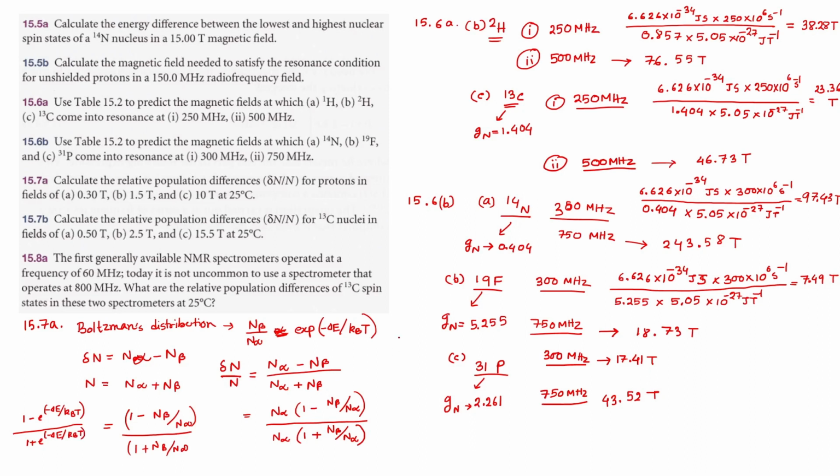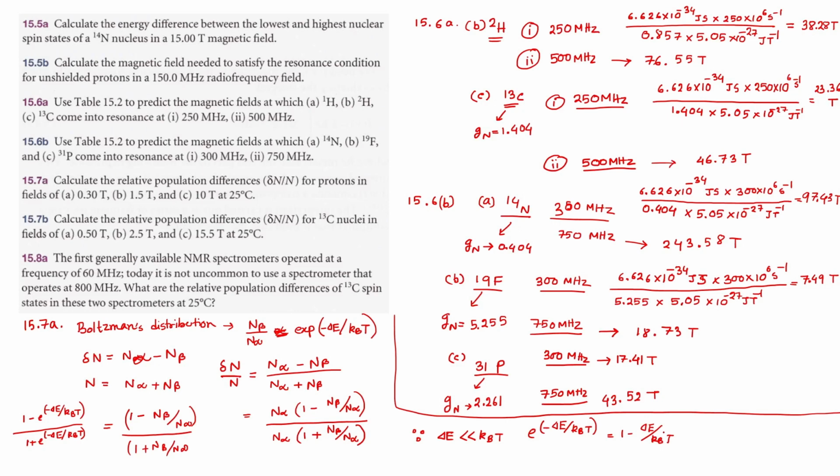As delta E is very much less than kBT, the thermal energy, we can write e to the power minus delta E by kBT to be 1 minus delta E by kBT.